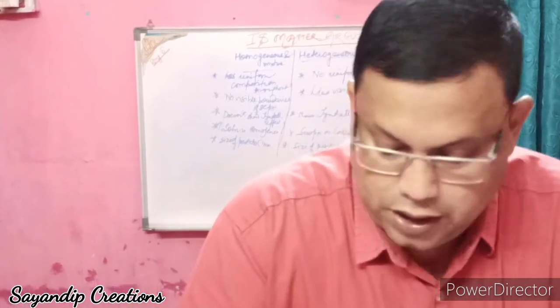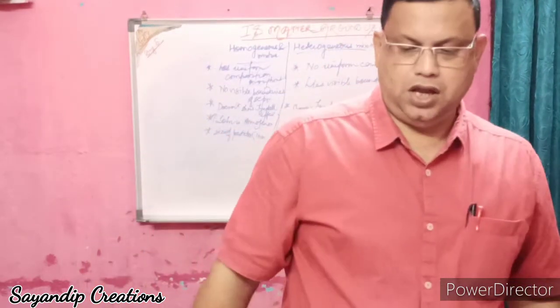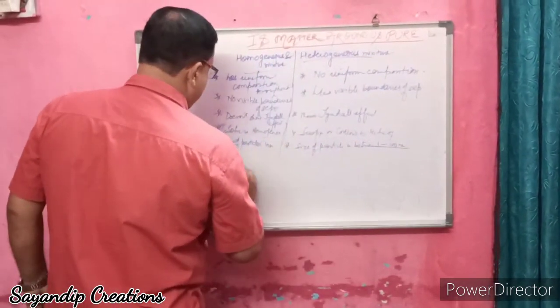Alloy, air, alcohol, these are all homogeneous mixtures. Water and oil, sand, these are all heterogeneous mixtures. Now, there are certain substances like alloys. What do you mean by alloy? One very important question.